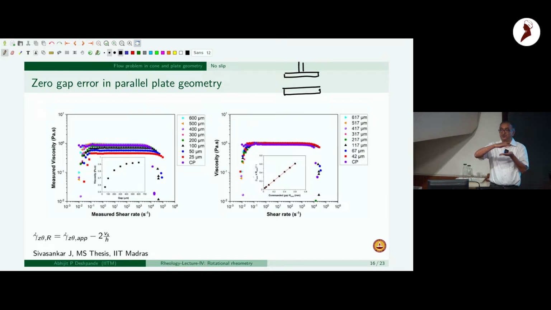You would not really make contact. It's based on this increase. So 0 gap error is always present in these instruments. It's never perfectly 0. It's based on the normal stress increase due to an air gap being squeezed out as the geometry comes down, and some algorithm of the nature of this increase, and therefore how far away the bottom plate is.